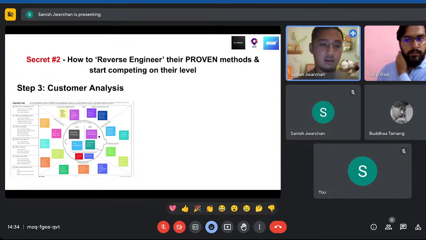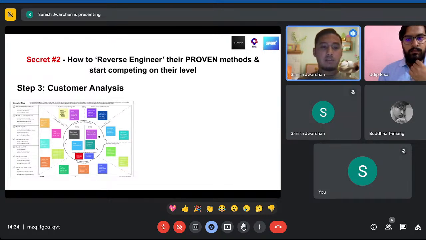Number three, customer analysis. So the empathy map, finding out what the pain points are and what the gains are for the customers. I think you can link as I'll share. If you haven't got it, please let us know or comment and we'll pass it on to you.